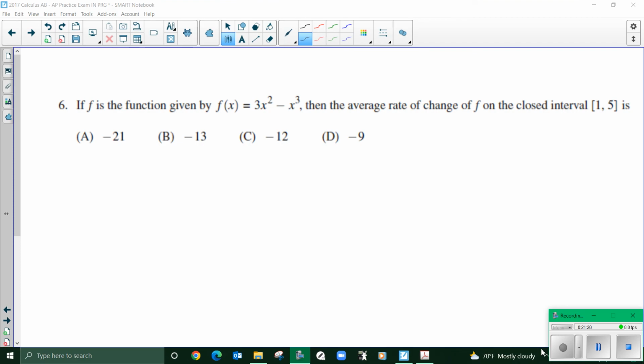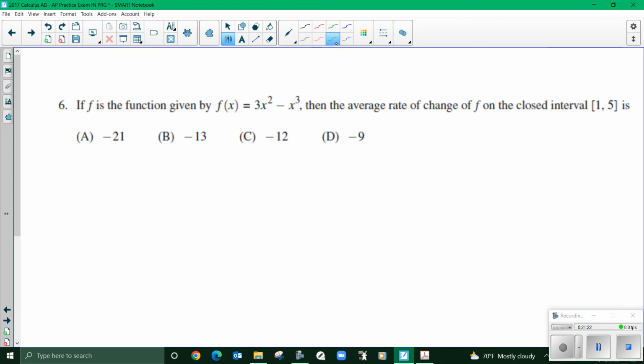Number 6 is really just a change in y over change in x. It's a slope between 2 points. How do I know that? Because it's asking me for the average rate of change. Here's my equation. If f is the function given by f of x equals 3x squared minus x cubed, then the average rate of change on the closed interval from 1 to 5 is.